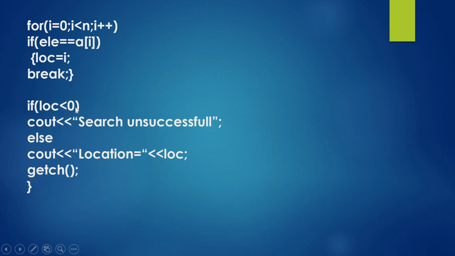What is the meaning of location less than 0? It means the element is not there in the list, that is, the search is unsuccessful. Otherwise, you can print the location.